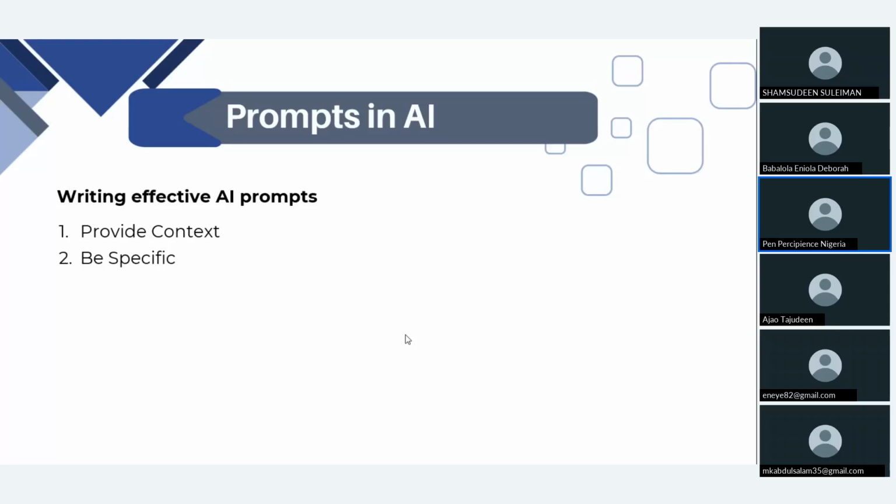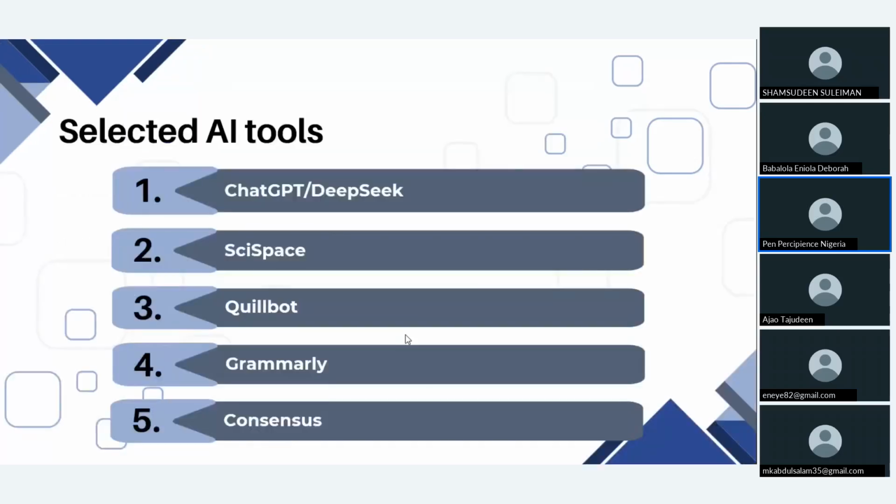All right. So I'm going to look at some selected AI tools. There are a dozen of them, many actually, but I'm just going to look at a few that can be very useful in your academic research and your writing. Number one is ChatGPT. We know it. We also have DeepSeek. Some of us know it.